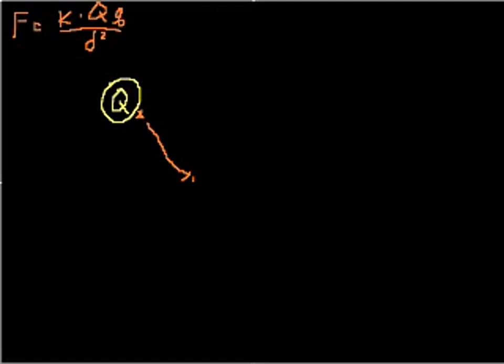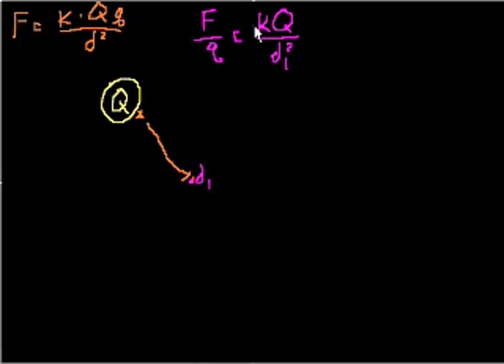So the force per charge at this point, let's call that d1, is equal to Coulomb's constant times the charge of the particle that's creating the field, divided by d1 squared.